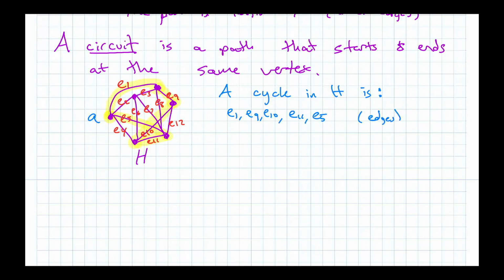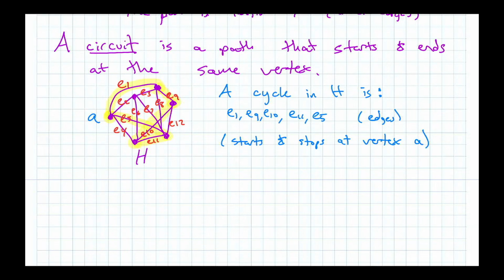If you wanted to list vertices, we would actually have to give all these vertices names, which I don't want to do. But that's it. You trace this around. We just went around the graph and ended up back at A. So it starts and stops at vertex A. And that's what makes it a circuit, that it is stopping where it started.